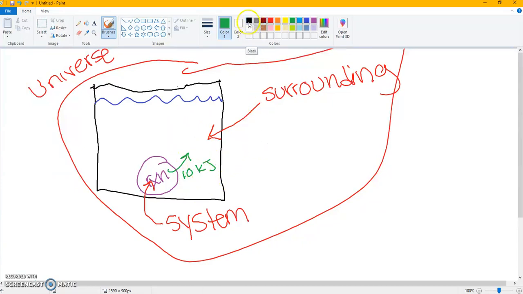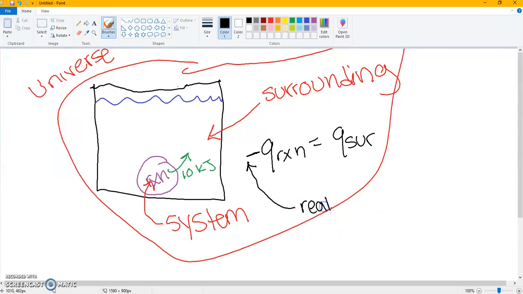So on your notes, you see that the Q of the reaction is equal to the negative Q of the surroundings, and that's because whatever heat the reaction lets off, the surroundings has to absorb. The reason why one of them has to be negative is because that negative means that you are releasing heat, and the positive, that's not always written, means that you are absorbing heat.